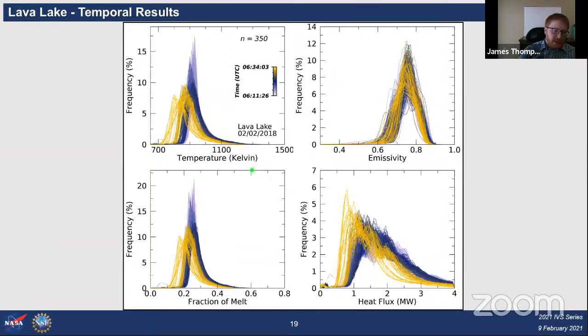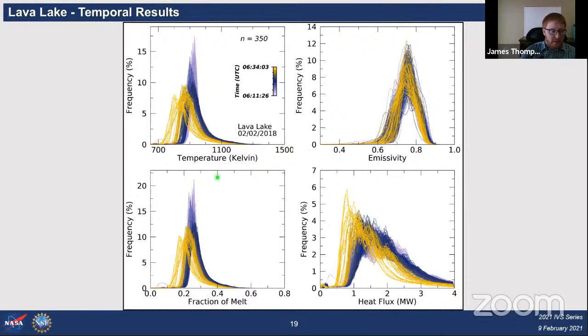And so looking at these thermal properties in temporal space, I am just plotting the frequency of the data with respect to the various thermal properties and with respect to time. So going from purple all the way to yellow, and over this 15 or so minute time period, we don't see too much fluctuation in the thermal properties of the lava lake.